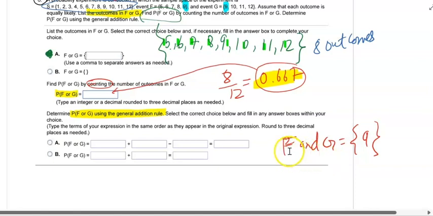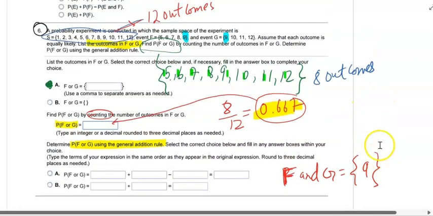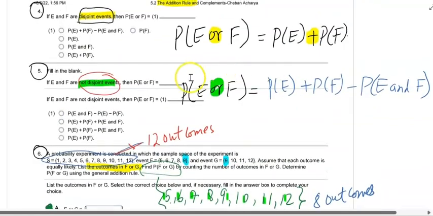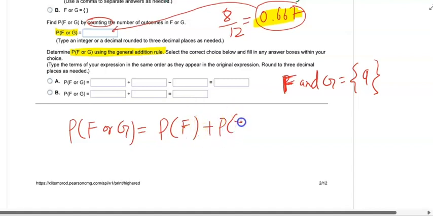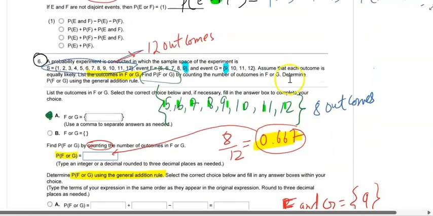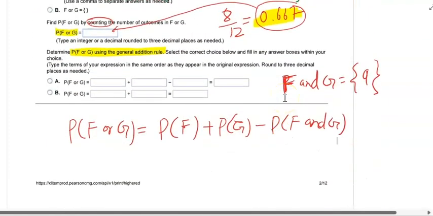They are not mutually exclusive. Therefore, you use the question number 5 formula: probability of F or G equals probability of F plus probability of G minus probability of F and G, because they are not disjoint or exclusive. You pick part A, not part B. Notice that part B doesn't have a negative in the formula, therefore we choose A.